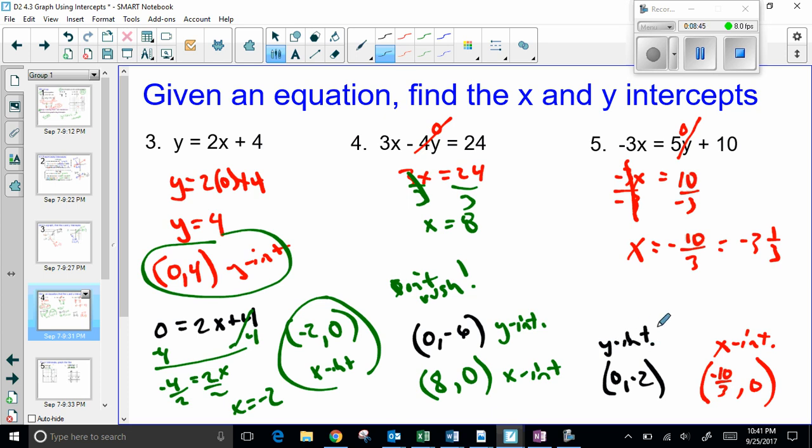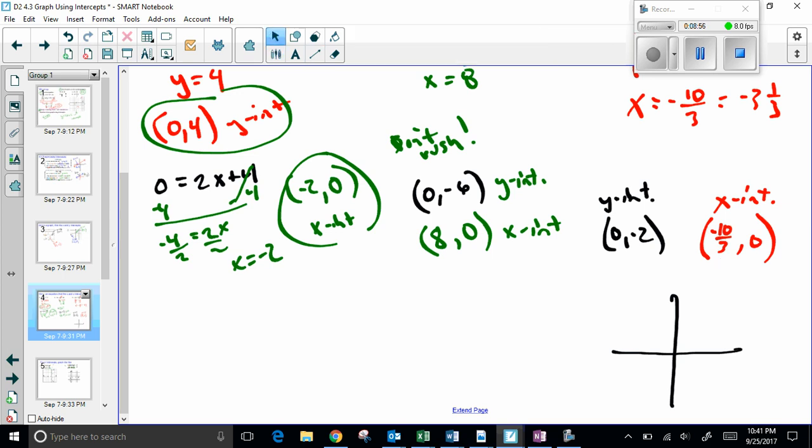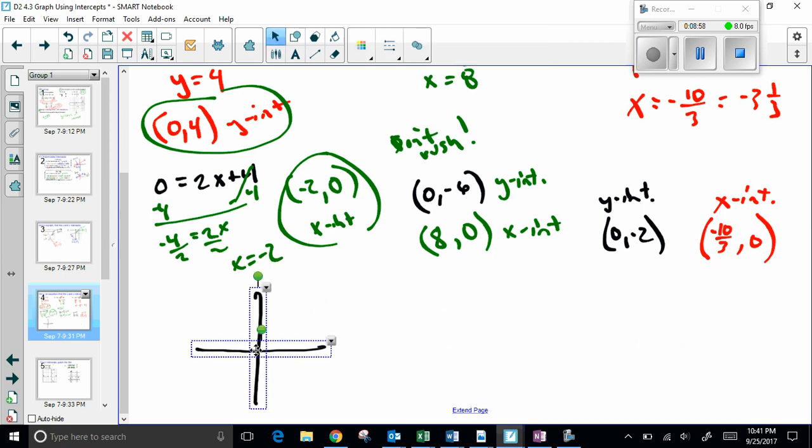In all of these, if I wanted to, I could make a quick sketch, okay? So let's move that over here. For our first one, we have basically 0, 4, and negative 2, 0. So I could graph this real fast by just going to negative 2, 0.